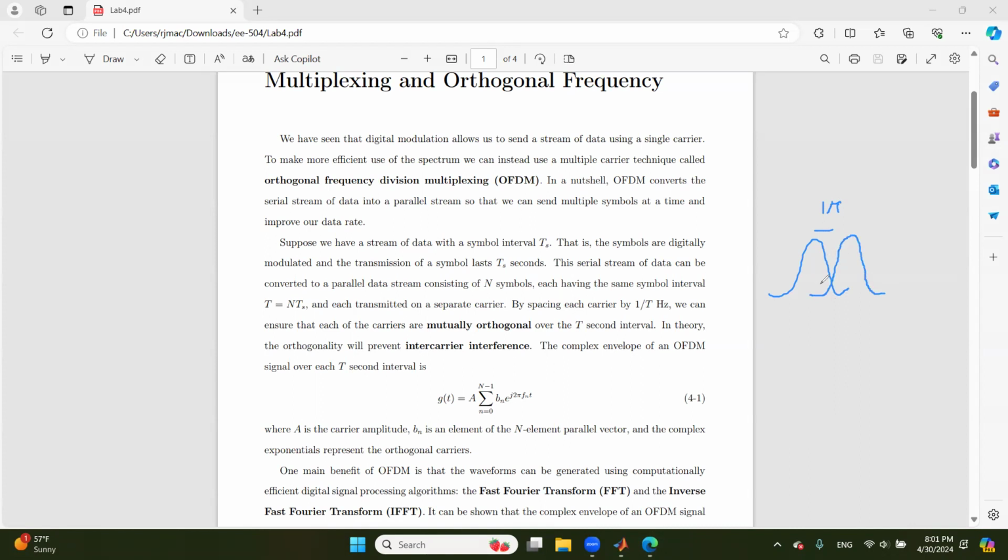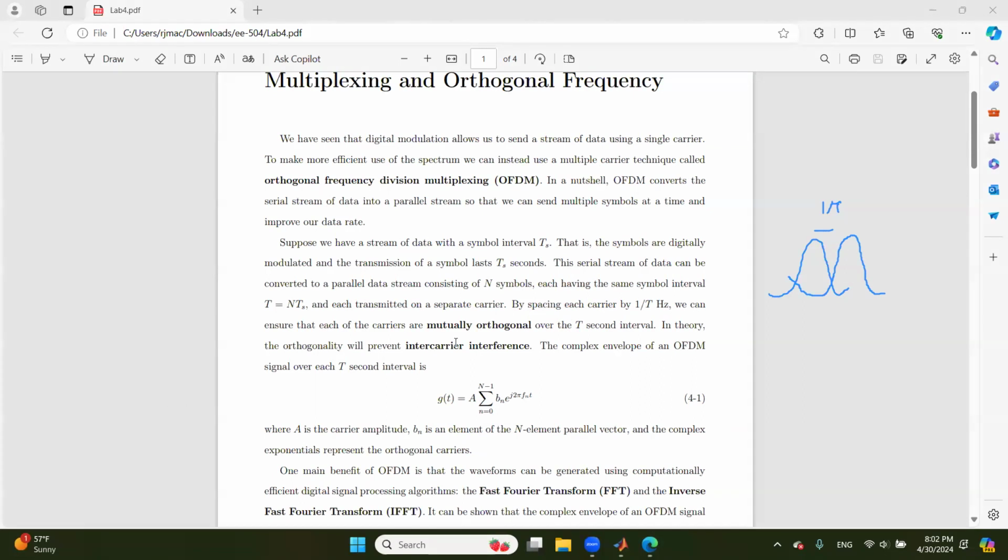Where the signals overlap here is kind of like this deadband, and we're able to transmit more information in a much more compact space by introducing these orthogonal frequencies. And so again, these are multiple carriers that are actually carrying the data.